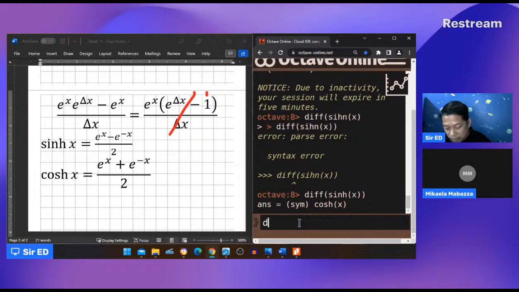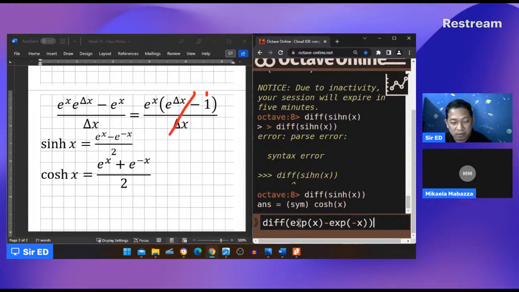Ngayon, kung ilalagay ko sa ganyan, no? So diff, say, dinifine ko na in-expand ko siya, exp x minus exp negative x. Yan lang. So, may lalabas na factor of 2 dyan. No?